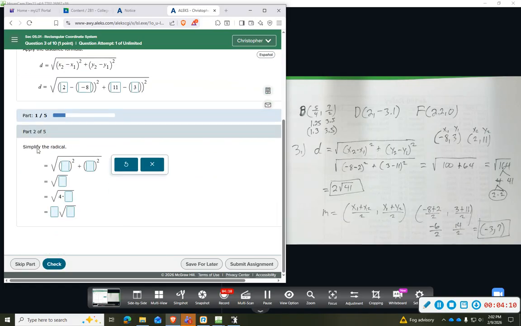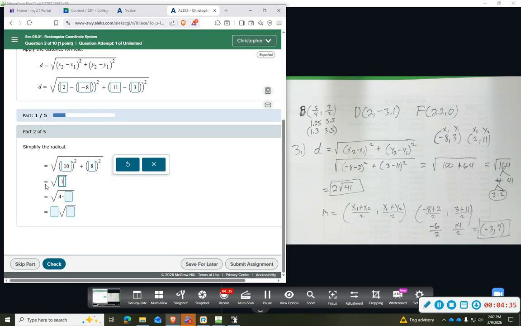All right, simplifying the radical. So once I did this work, I didn't show that part, but I got 10 or -10, but if I'm doing it this way, I'm going to get a +10. With the 3 minus 11, I got -8. However, this way, 11 minus 3 is going to give me a +8.